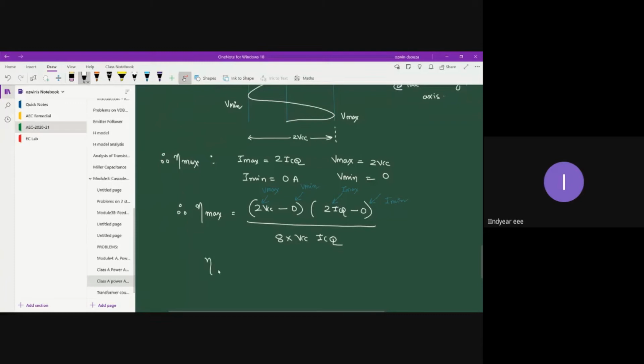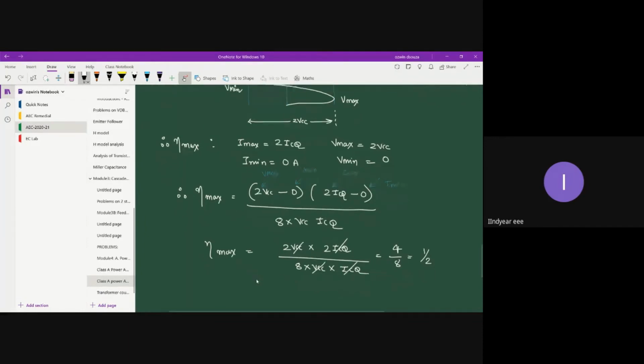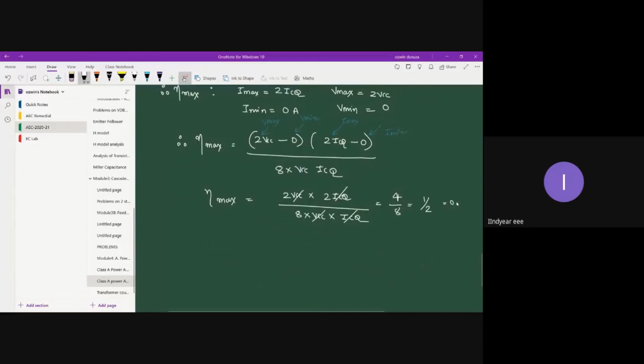Therefore, you would get eta max as 2 VCC into 2 ICQ divided by 8 into VCC into ICQ. So VCC, VCC, ICQ, ICQ cancel. 2 into 2 is 4, so it is 4 by 8 or half. So that is 0.5.